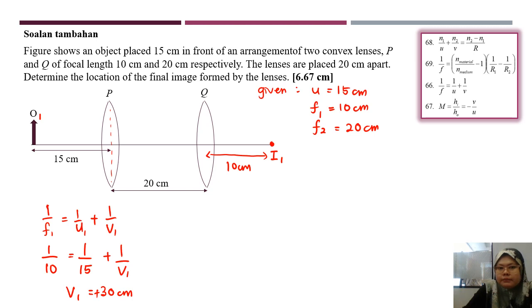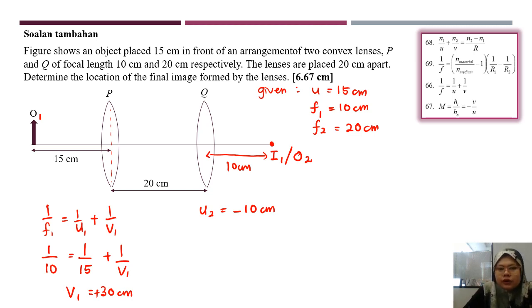Okay, the first image will be the second object untuk second lens. Okay, so now the object is located behind of the second lens. So bila dia located behind of the second lens, okay, so dia punya U akan jadi negative 10 cm sebab dia duduk di belakang second lens.